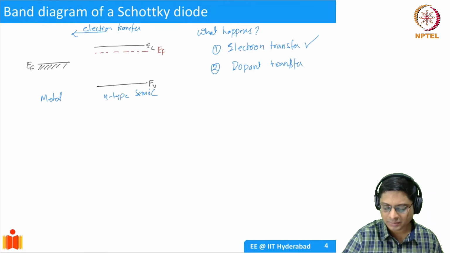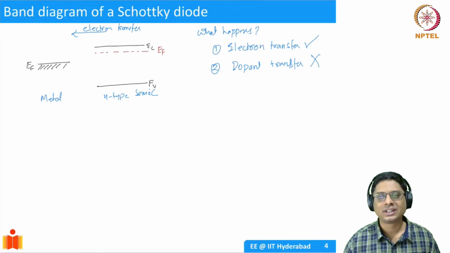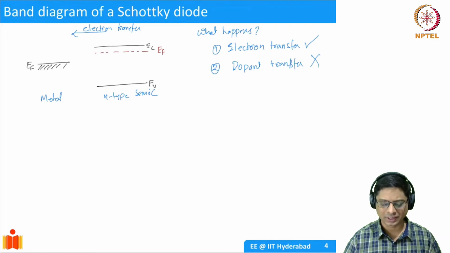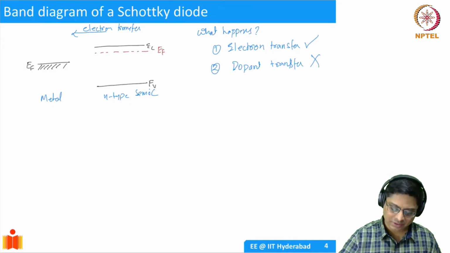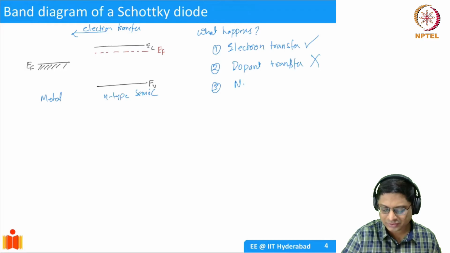You should be able to answer it by now. No, there's not going to be any dopant transfer, because dopants are essentially fixed ions. Remember, always, whenever we are doping a semiconductor, we are replacing a silicon atom with, let's say, arsenic or phosphorus. For an N-type semiconductor, it's going to be phosphorus or arsenic. If it's a P-type, it will be boron, right? But the dopants are fixed to the lattice. They cannot be transferred, right? So we'll always have only electron transfer. Well, is it possible that there is no transfer of electrons?